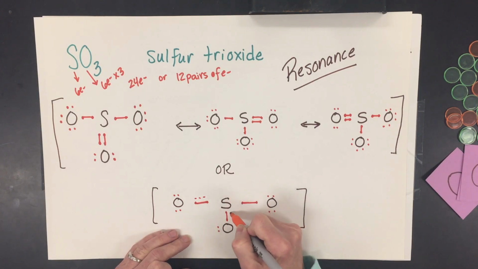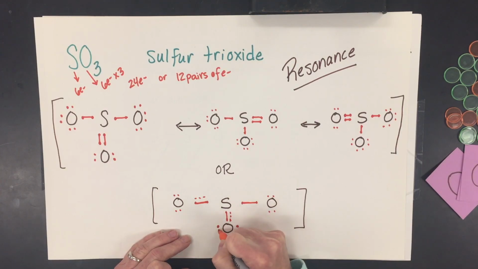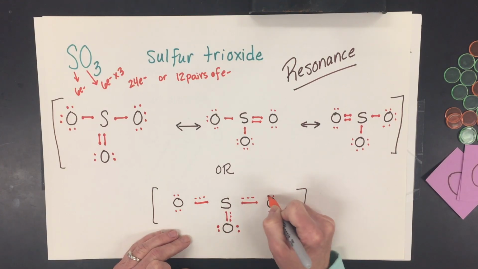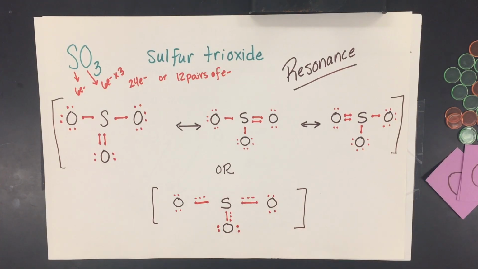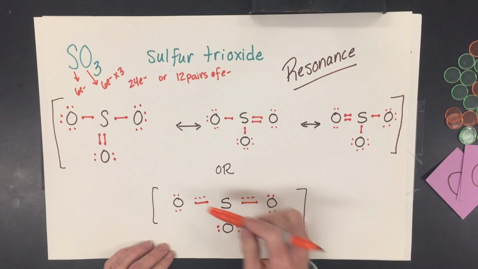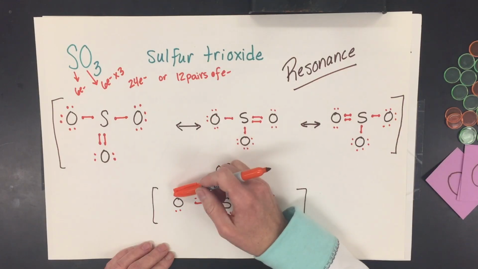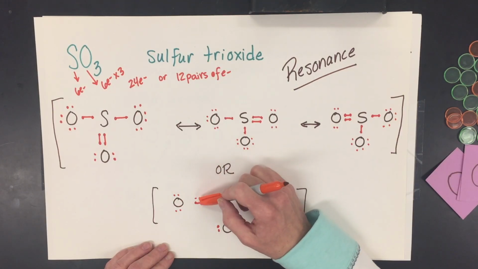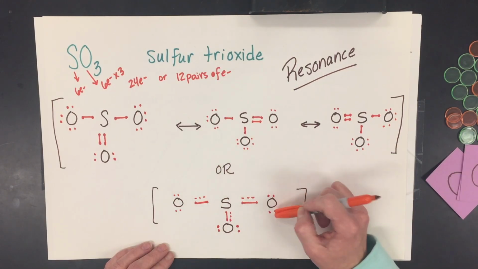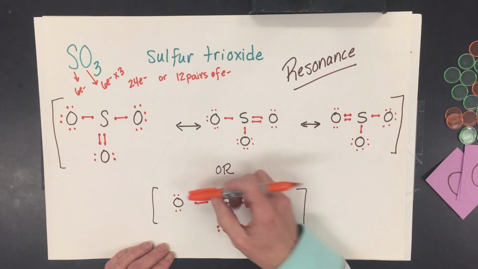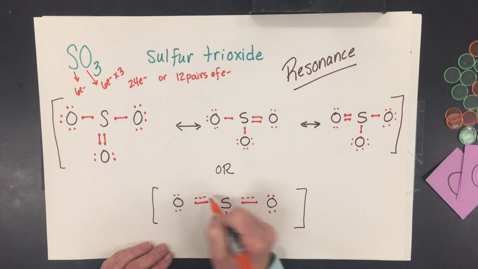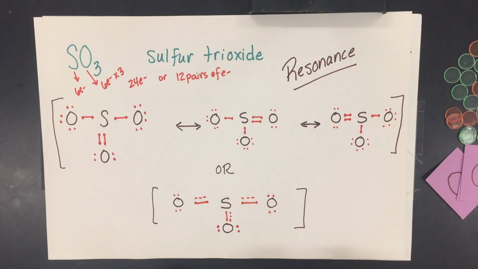So what will be shown is just these dashed lines. That's showing that that double bond could be located in any of those 3 positions. If you want to check again to see if it's 12: 1, 2, 3, 4, 5, 6, 7, 8, 9, 10, 11, 12. So these dashed lines kind of count as a pair. They're just not a permanent pair.